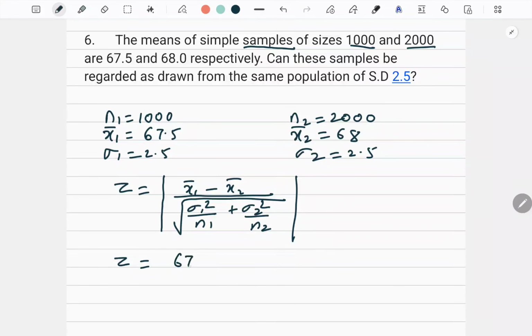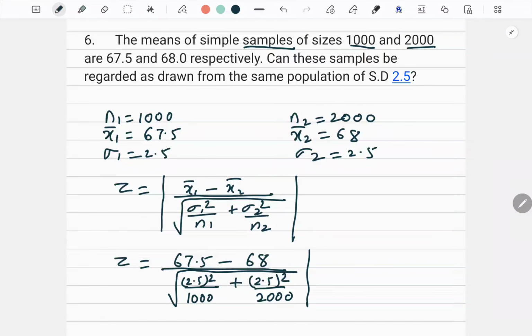X1 bar is 67.5 minus 68 upon under root of sigma 1 square, means 2.5 square upon n1, that is 1000, plus sigma 2 square, means 2.5 square upon 2000. And I should take the absolute value of this. So now pause the video and calculate this.